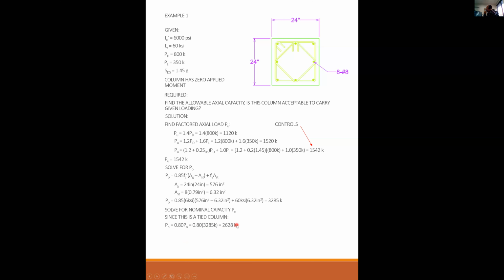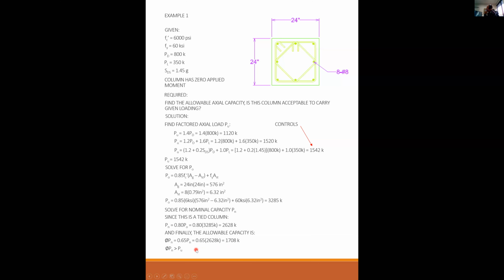That was a pretty good knockdown right there. But the allowable capacity is phi Pn. So phi is 0.65. Why is it 0.65? Because it's a tied column again. So 0.65 times 2628 is 1708 kips.